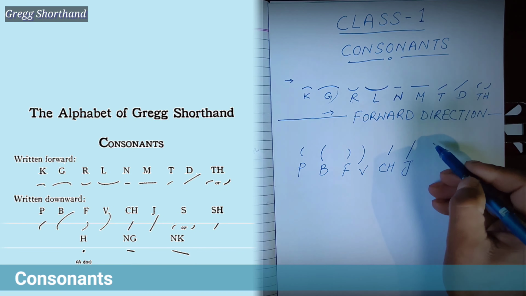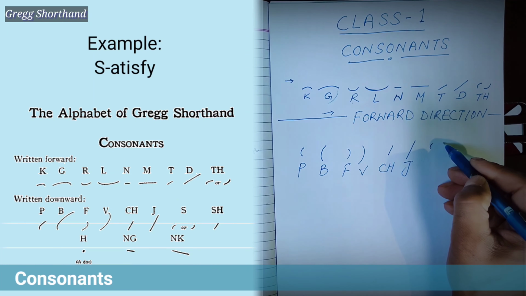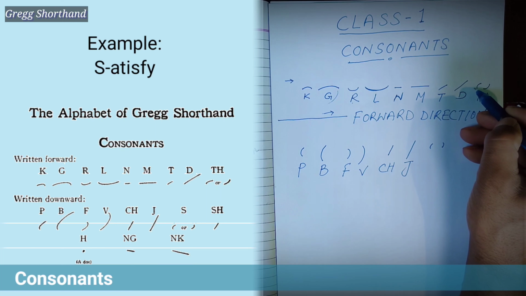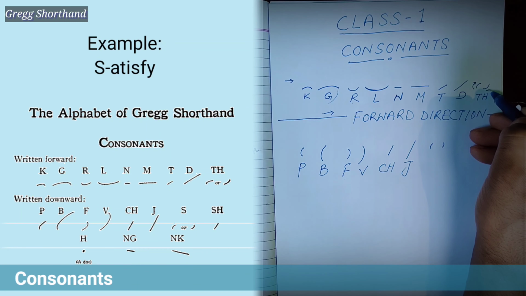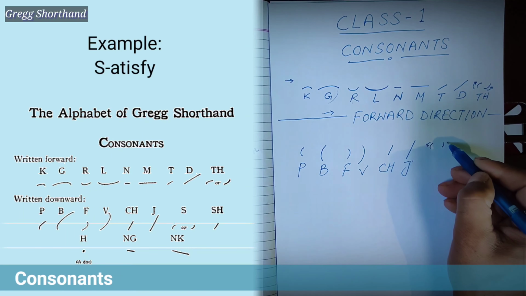In the same way we have S. S can be written like this or this. But remember, if we write TH, we start from here and go in an upward direction. In the same way, with this TH, we start from below and then go up. But here you have to remember, we write downwards, here and again here.